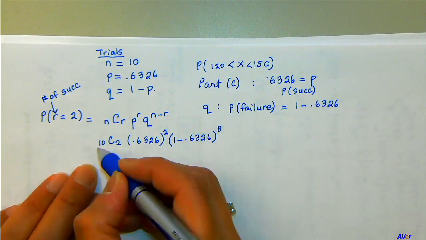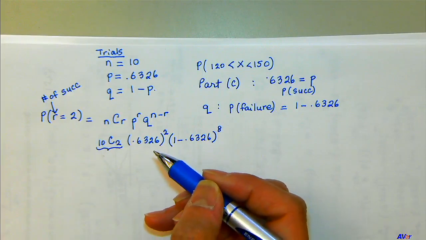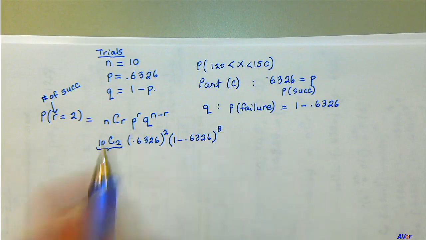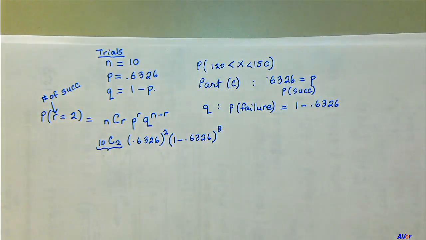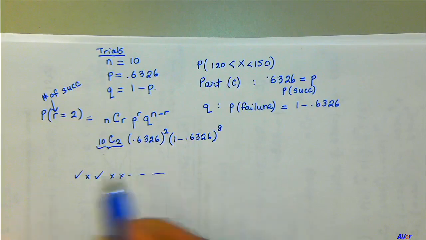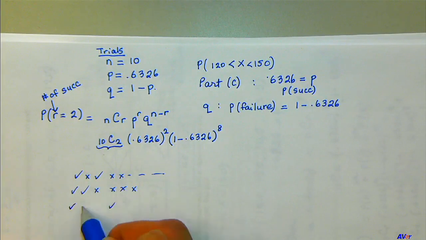And then this one gives you all the number of arrangements such that 2 do and 2 don't, meaning yes, yes, and 8 no's, or yes, no, yes, and 7 no's. You follow what I mean? Meaning this like this, or like this, or like this.